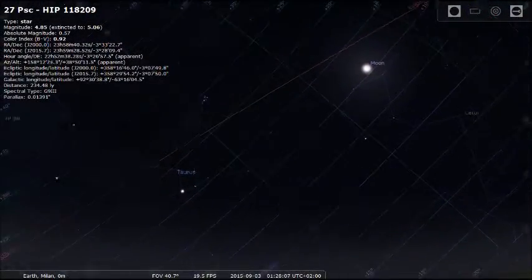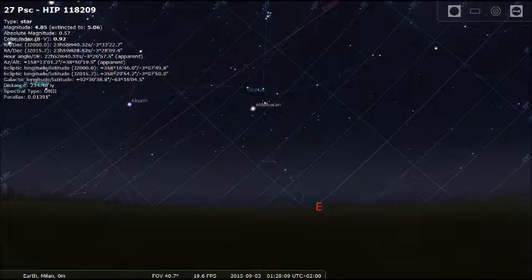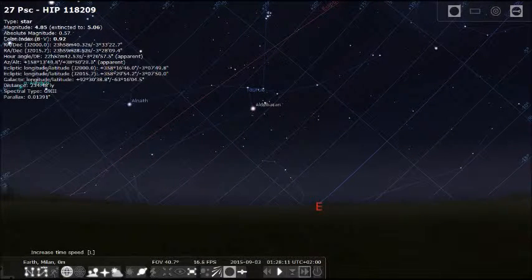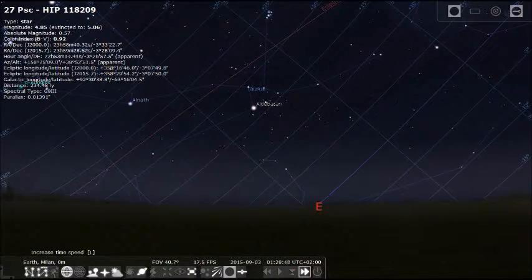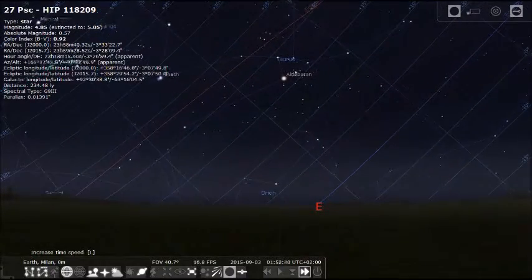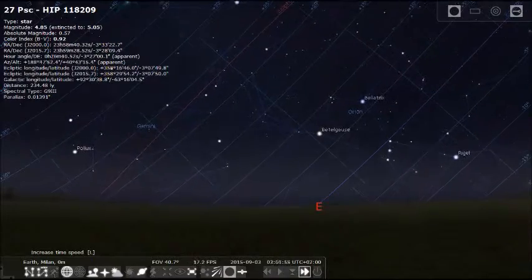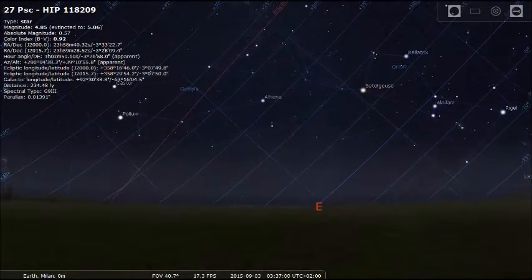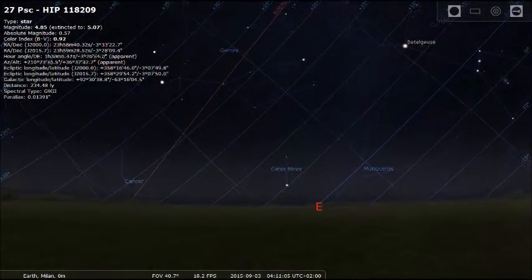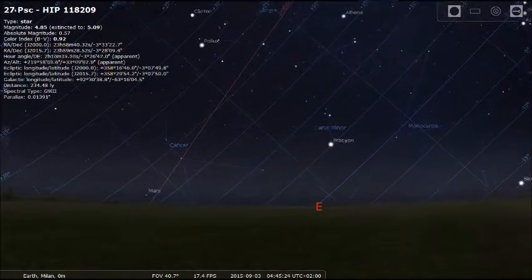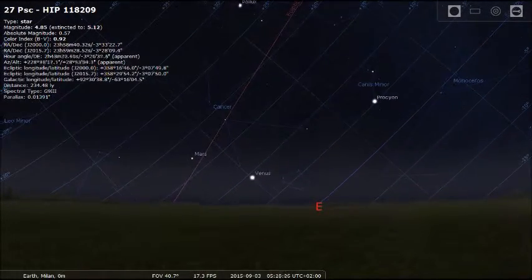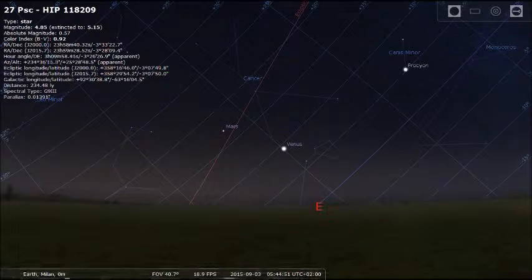We go on and we see that the moon is very close to the ecliptic line, the red line we see there. And we will also see that all the planets are very close to this line. We make the night go on faster, and now we see planets appearing here.